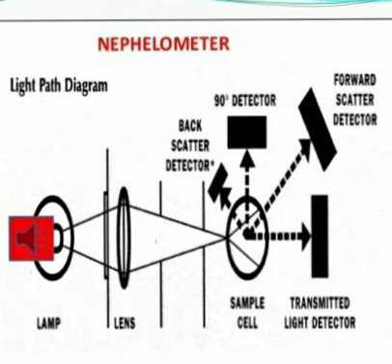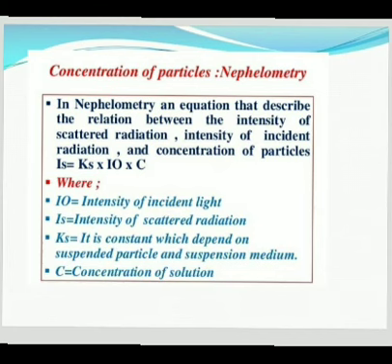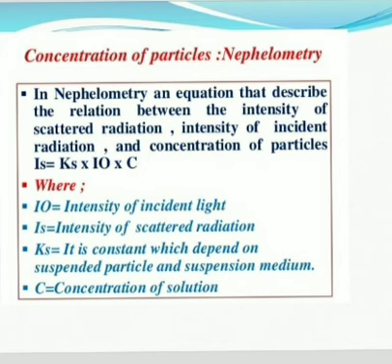In nephelometry, the concentration of particles is determined by the known equation Is = Ks multiplied by the intensity of incident radiation and the concentration. From the readout device we know the intensity of the incident radiation and the scattered radiation measured from the instrument, so we determine the concentration of the solution.